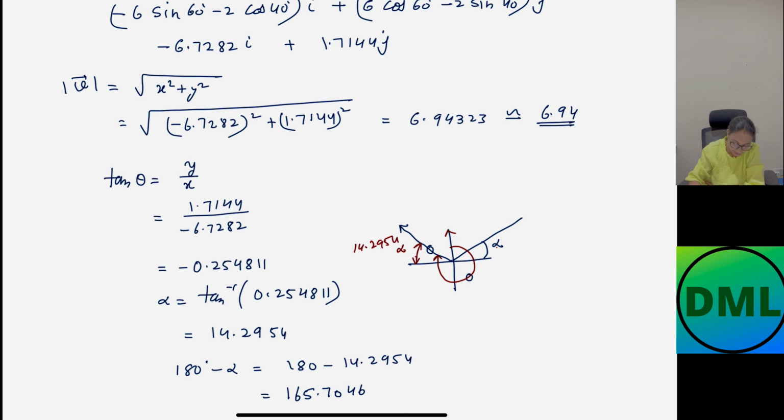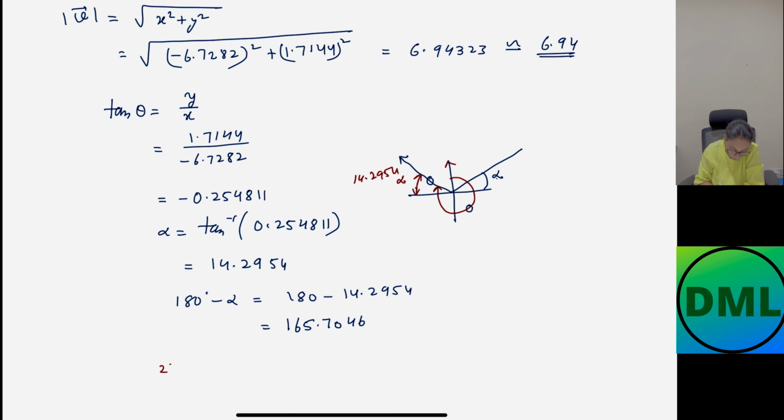To get the bearing, I have to add 270 degree plus alpha, which will be given by 270 degree plus 14.2954. If you add it, your answer will be equal to 284.2954, which will be approximately equal to 284.3 degree. That will be your bearing.